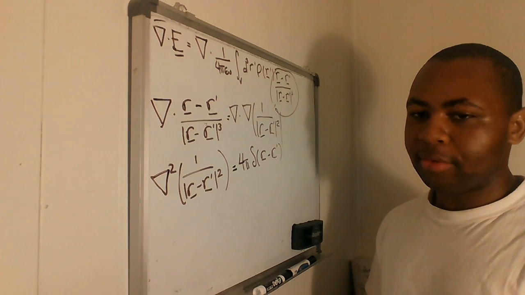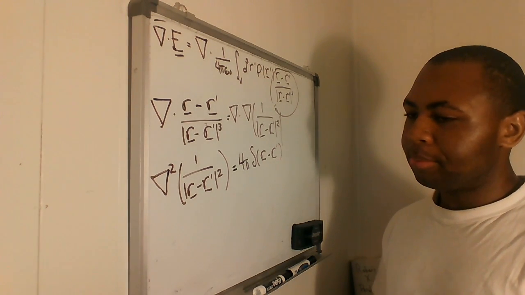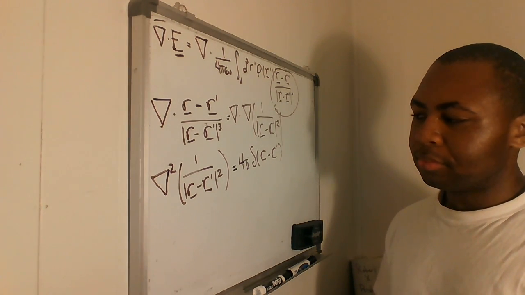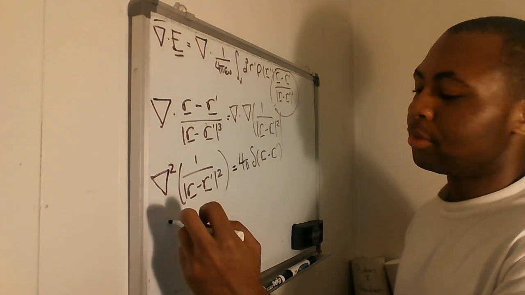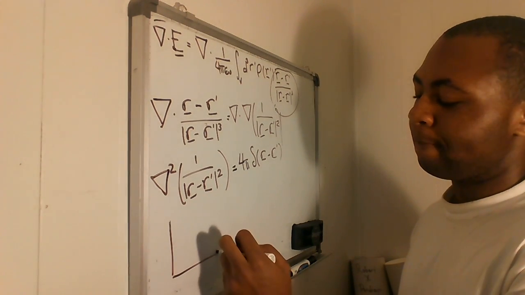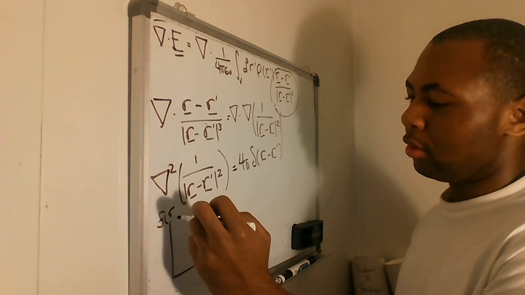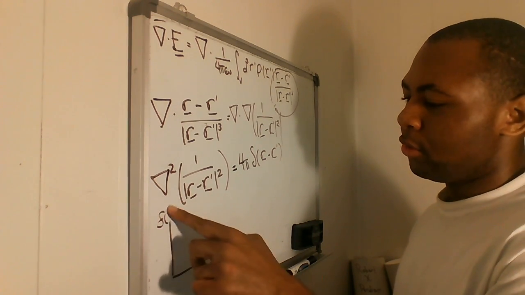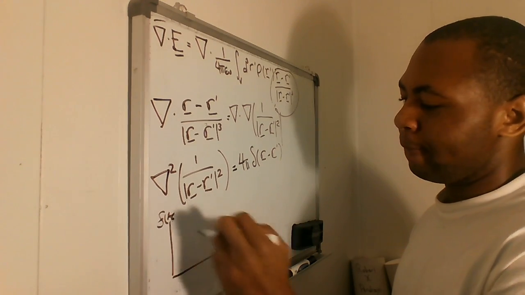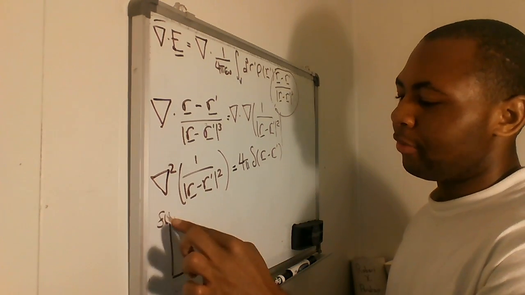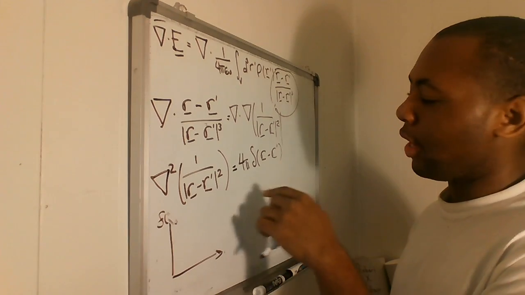So the divergence of it is, okay, let me just draw it. This is r. This is f of r. Well, let's do f of scripted r. Well, we'll do f of r for now. Technically this is f of scripted r.